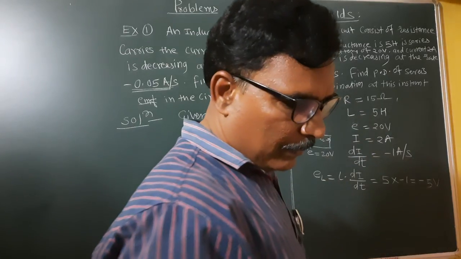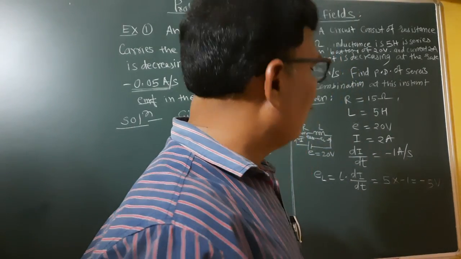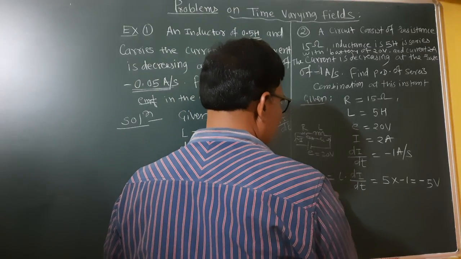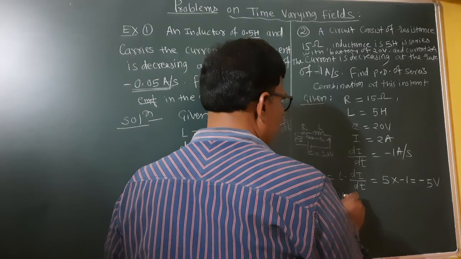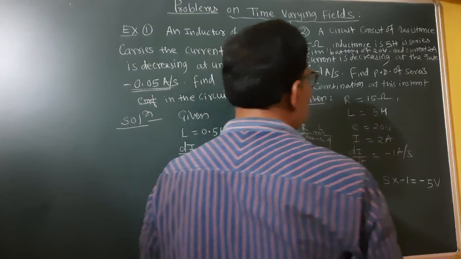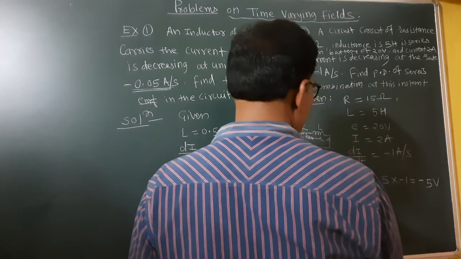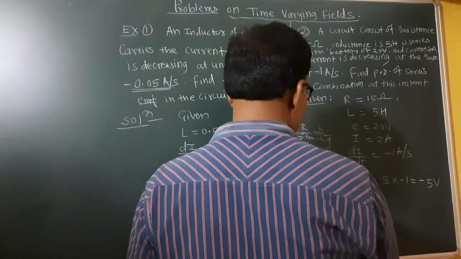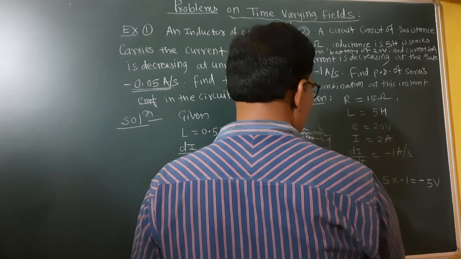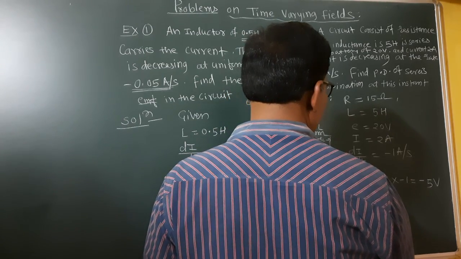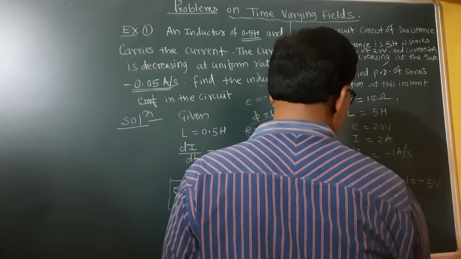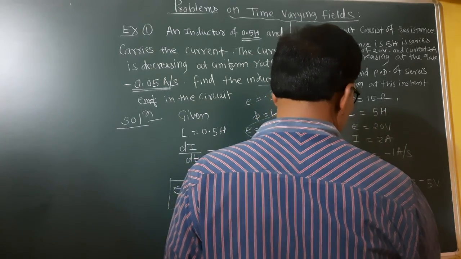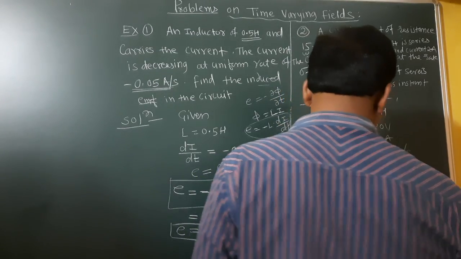That is the EMF of the inductance, and ER is equal to V, which is I into R. I is given as 2 and R is 15, so that equals 30 volt.